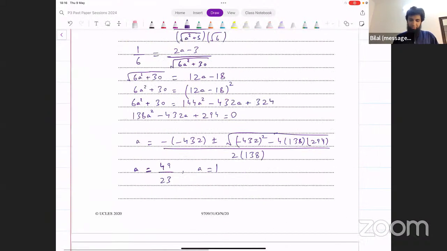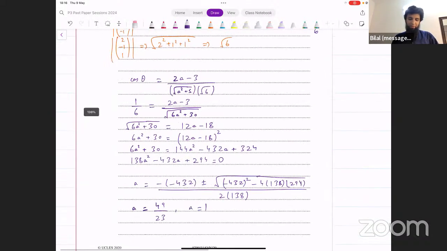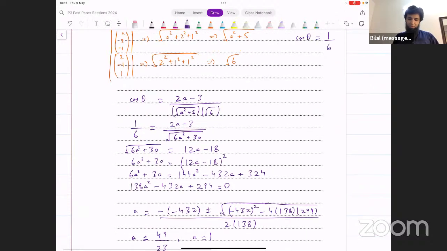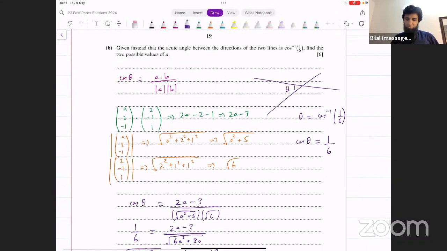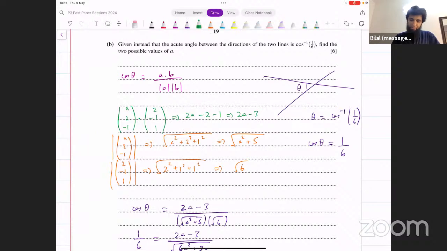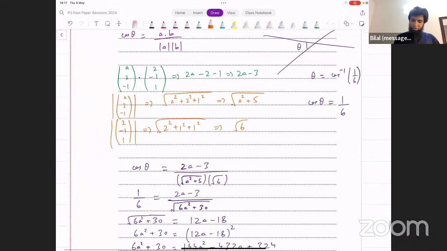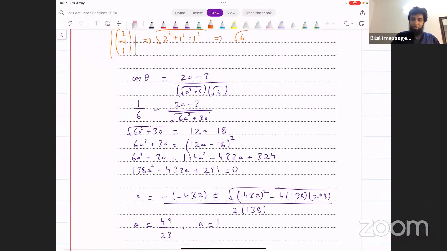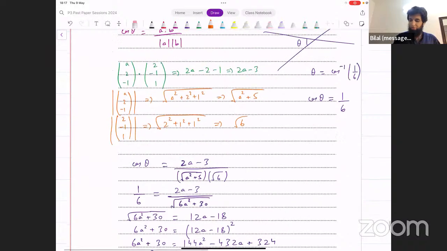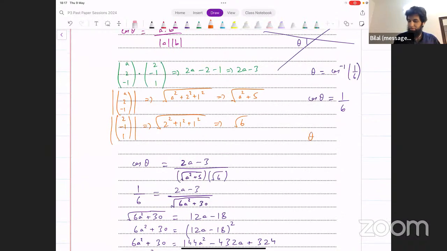Okay, so these are the two values of A that we get: 49/23 and A equals 1. And that's all right. So basically, I was just thinking that since the angle is acute, the dot product has to be positive here, but apparently that does not make a difference because what we have done here is theta equals cos inverse of 1/6.